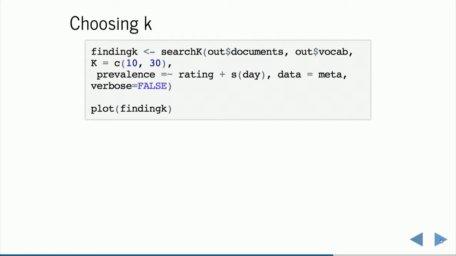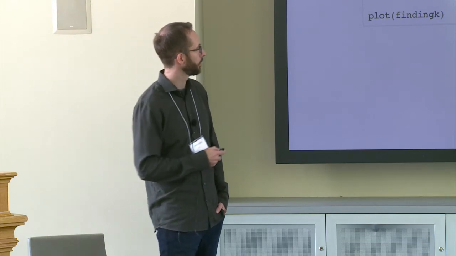And usefully, it also outputs several goodness of fit measures, called semantic coherence, topic exclusivity, the log likelihood, and one other that's escaping me right now.